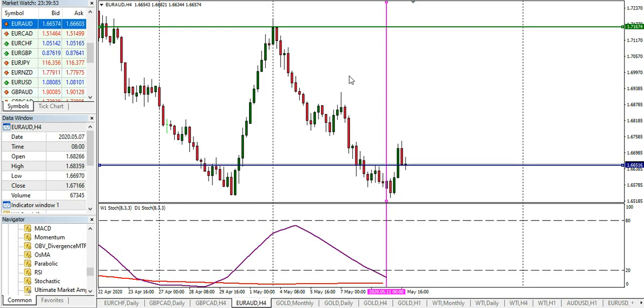Now, if you're looking to buy and the market is at a high price, then wait until it gives you a low price. And if you're looking to sell and the market is at a low price, wait until it reaches a high price, right? It's always important to buy low and to sell high, right? Because that's how the universe works. Buy a thing low, sell it at a high price. Okay, so that is the focus.